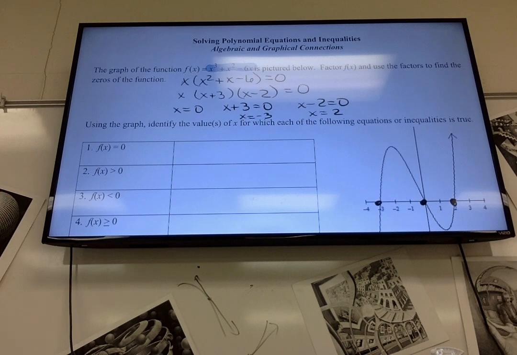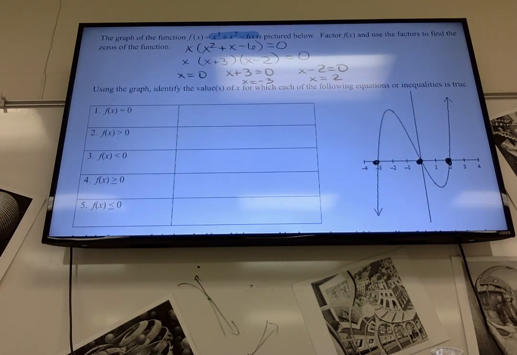We just figured that out. At what values does f of x equal 0? Negative 3, 2 and 0. Yep. Negative 3, 2, and 0. And if you just put negative 3, comma 2, comma 0, that's fine.